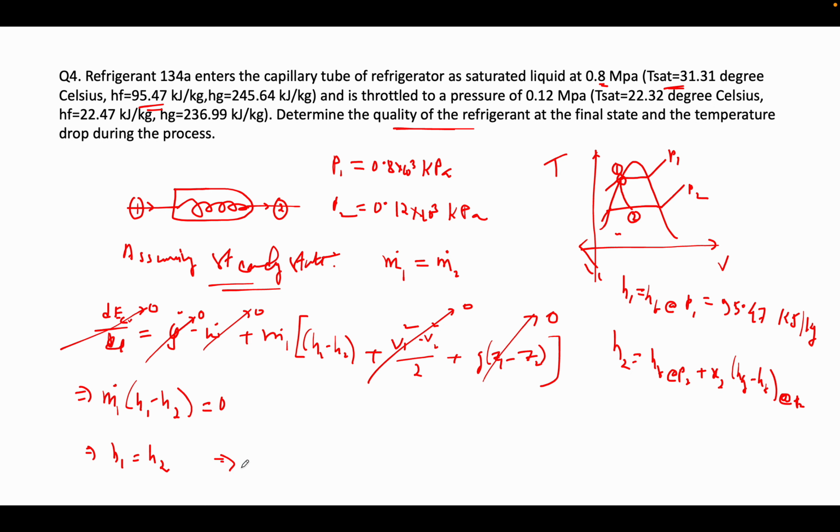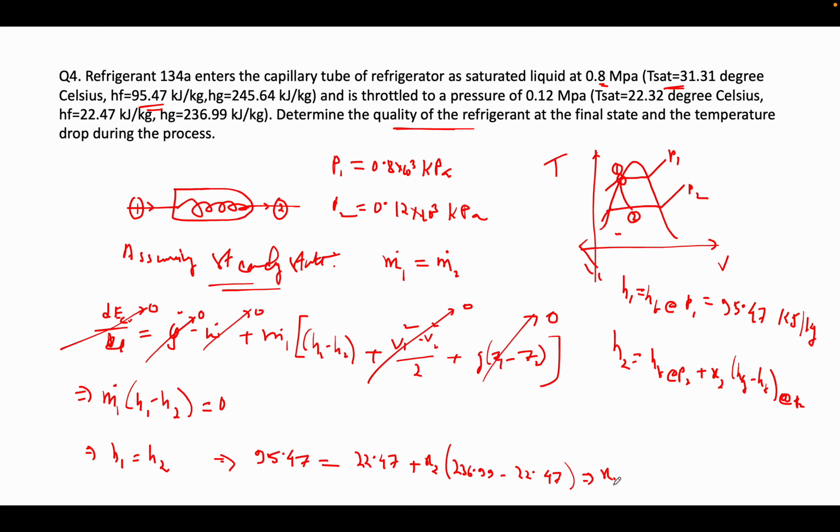So I will put it here: 95.47 will be equal to my hf at P2, which is 22.47, plus x2 times (hg, which is 236.99, minus 22.47).